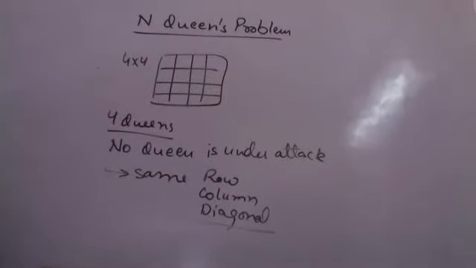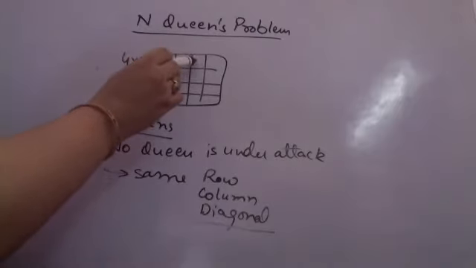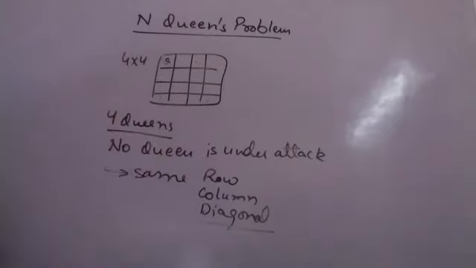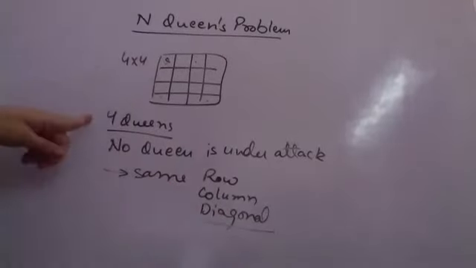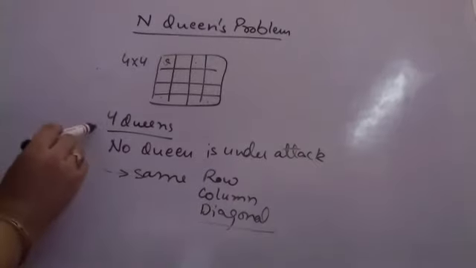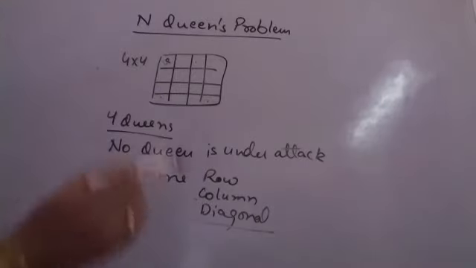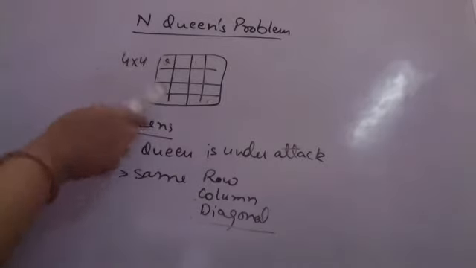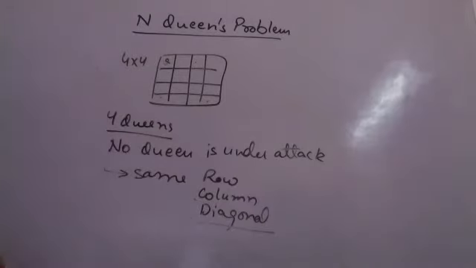If you have not played chess, then also understand that if I am having a queen here and if another queen is in the same row or same column or in the same diagonal, then it can be attacked. So since I do not want the queen to be under attack, the conditions that should be satisfied for all the 4 queens are that none of the queens lie in the same row or same column or same diagonals, either of the diagonals. So the 4 queens problem is represented here. For an n cross n chessboard, the n queens problem will be represented later on.